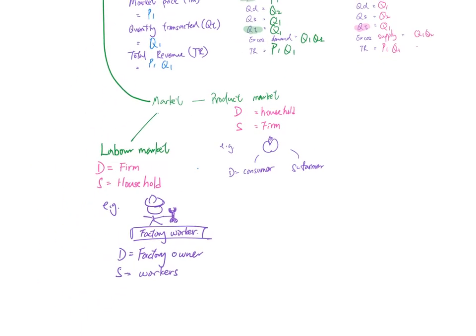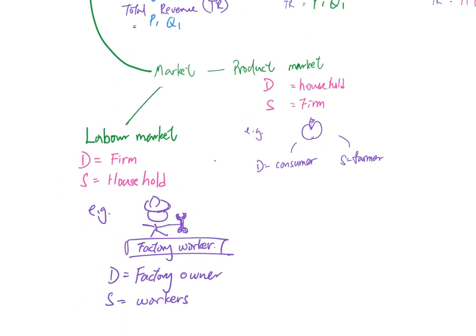And after that, sometimes we can find that the question asks about the labor market. Okay, that's a different thinking, because in the labor market, who need the labor? The labor is the firm need the labor, but who become the labor is the household. Okay, that means the employees. So the factory workers.